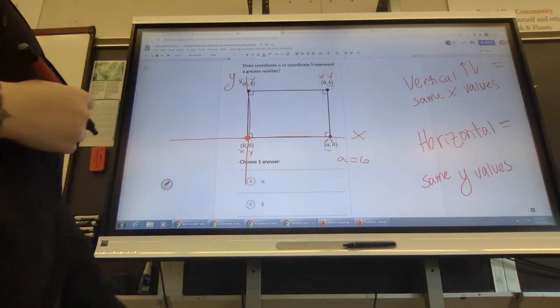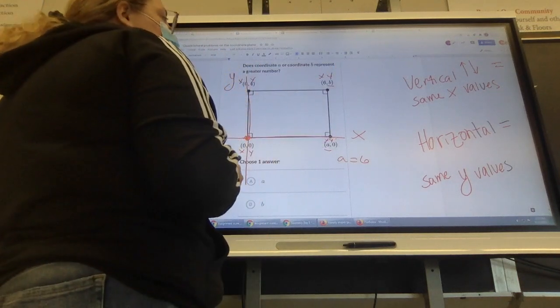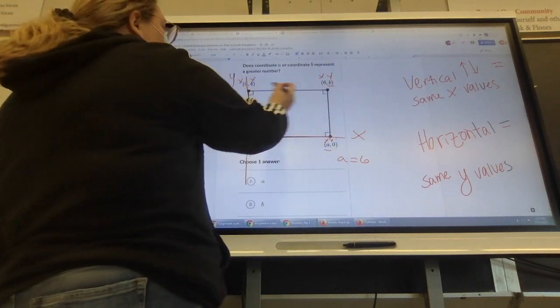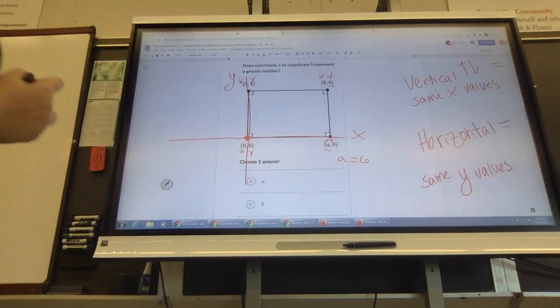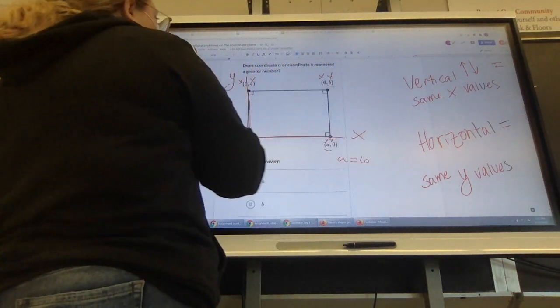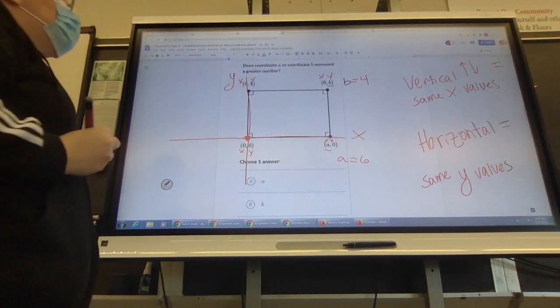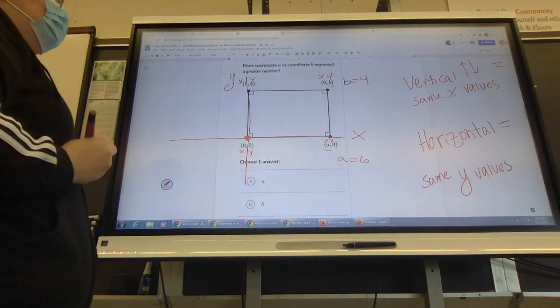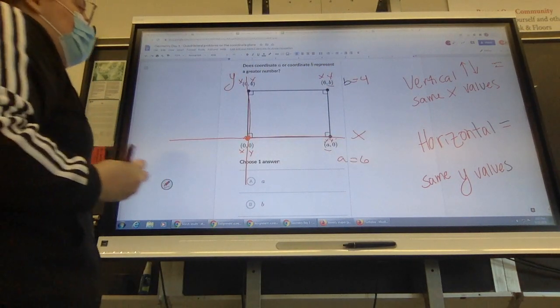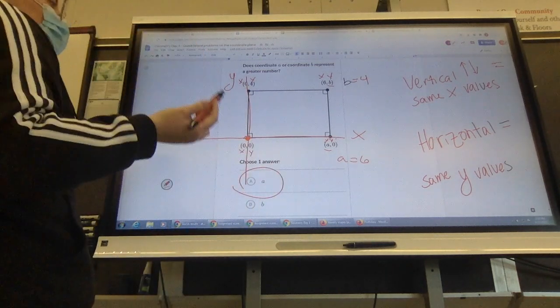And if I'm trying to figure out what the y value is of B, I know that it's going to be the same one as the horizontal one here. So I'm looking for the y value there, and that is going to be 4. So B equals 4. So going back to our question, does A or B represent a greater number? I know that A represents a greater number because it is 6 and B is 4.